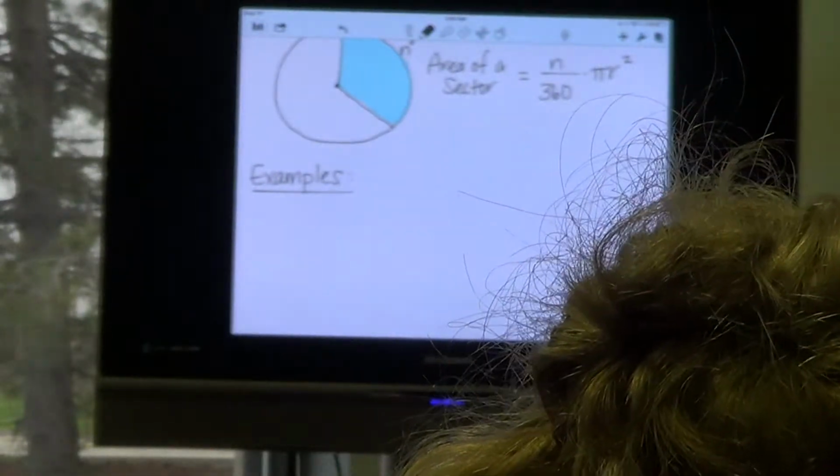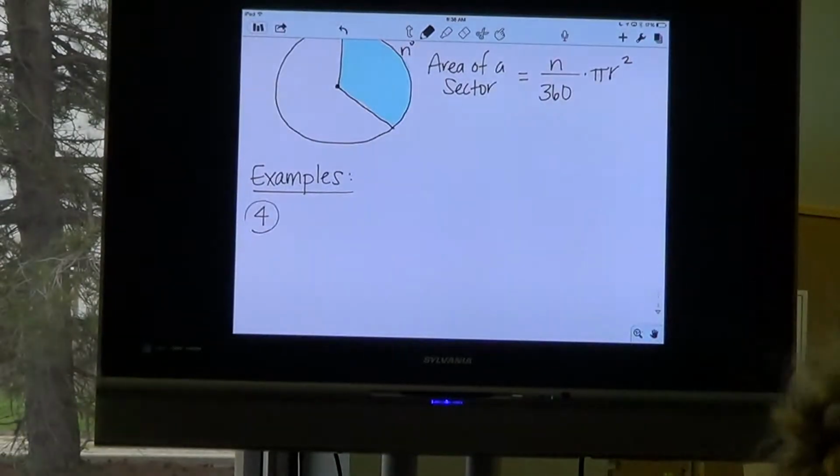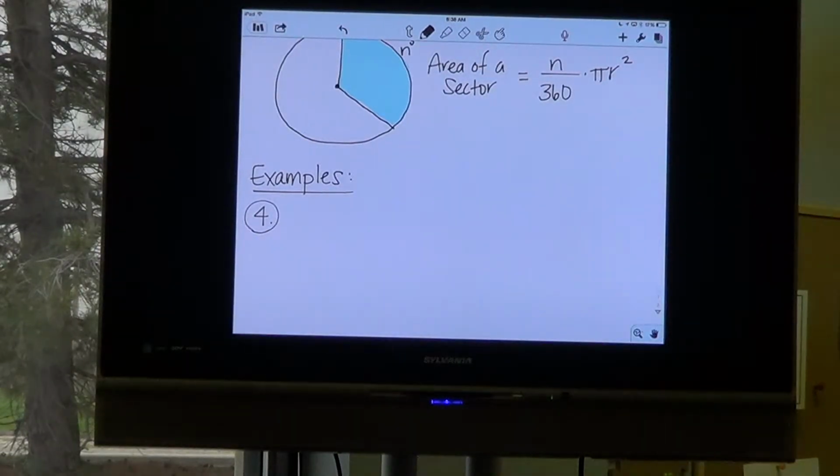Let's do number 4. Find the area of a circle in which the diameter equals 6 times the square root of 3. So with circumference, there's two formulas basically that we use.